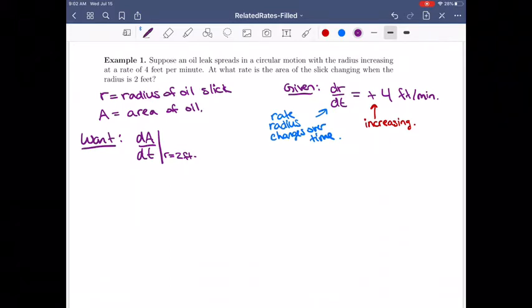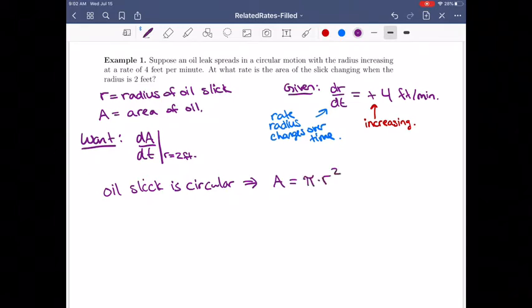Because the oil is spreading in a circular fashion, I know that the area of the oil should be equal to pi times the radius squared, right? That's the area for a circle.